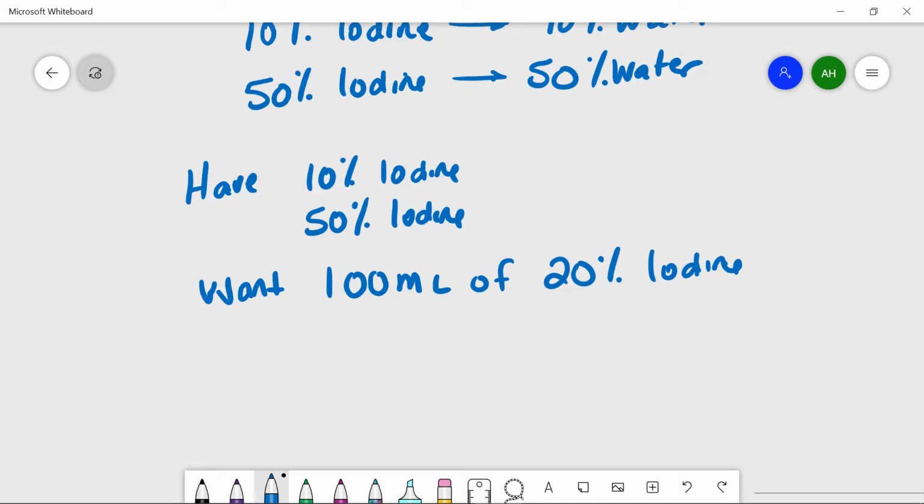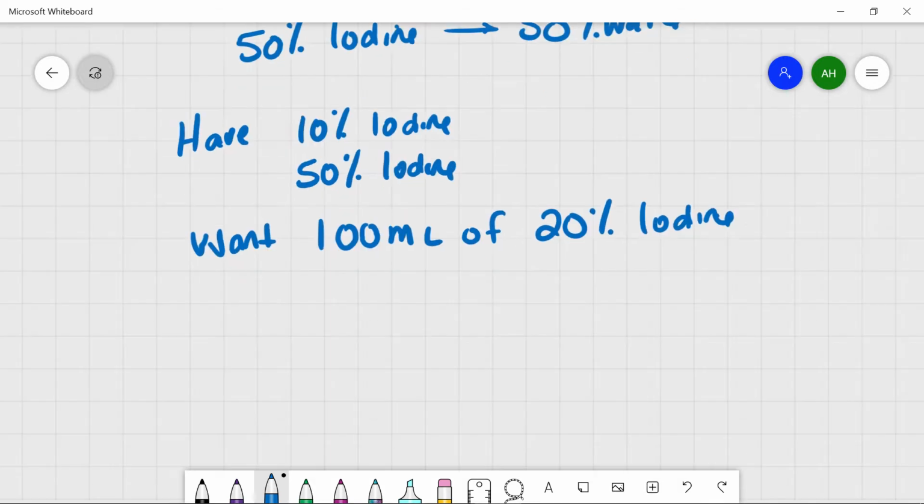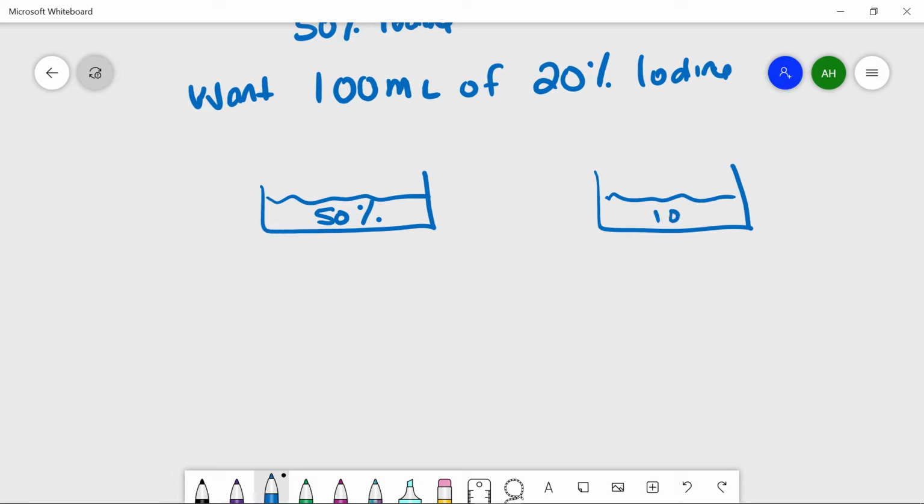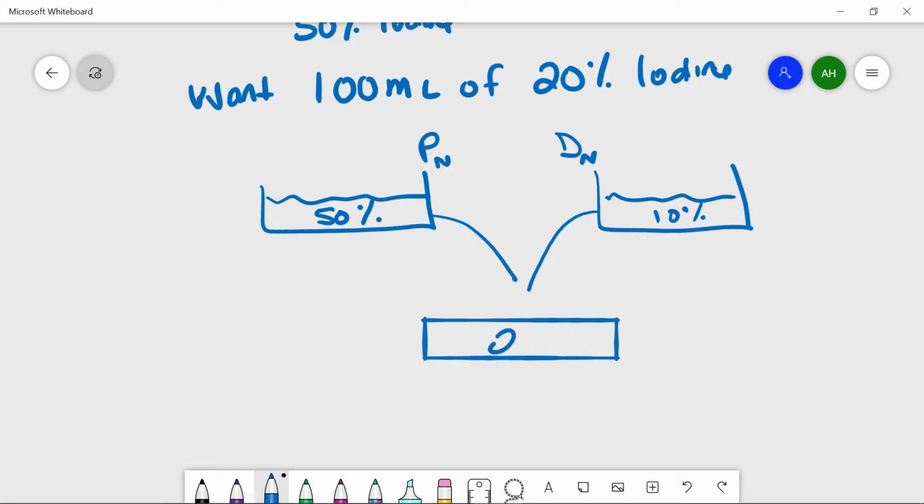If you look at lesson 52 in your book, they've got a picture there, okay? And they show in this picture that I'm going to have a vat, and it's got my 50% iodine in it. And I've got another vat, and it has my 10% iodine in it. And I'm going to pour some amount of this, and I'm going to dump some amount of this into this other vat that I want to have 20% iodine in.